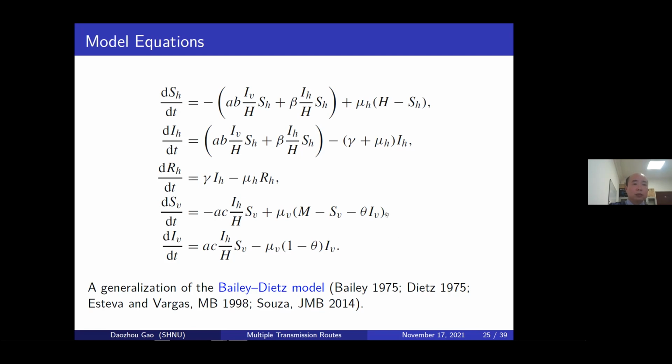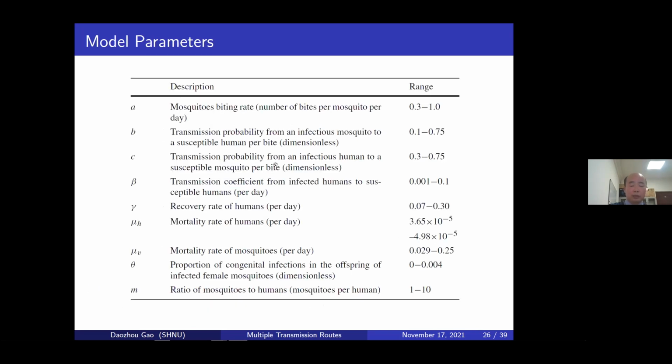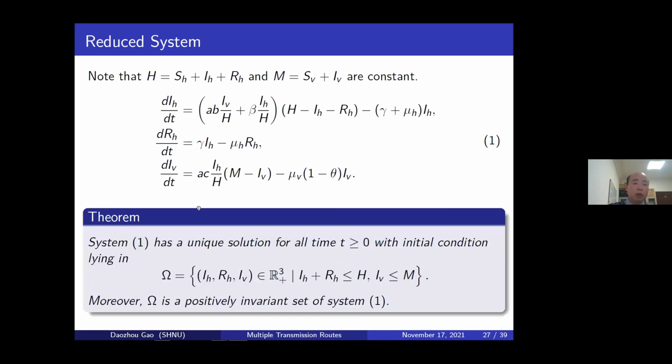So here are the descriptions and ranges of model parameters. You can see the parameter theta is the proportion of congenital infections in the offspring of infected female mosquitoes. So this number is very small. That's for the vertical transmission. Since the birth and death rates of host and vectors are the same, the population sizes of host and vectors are constant.